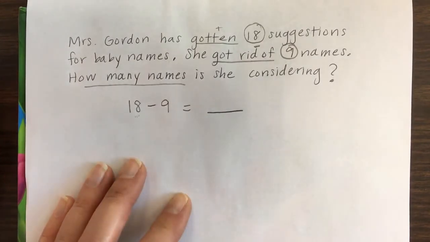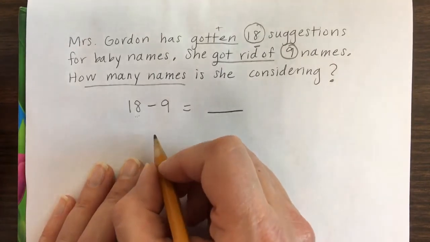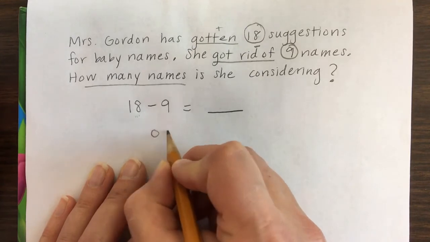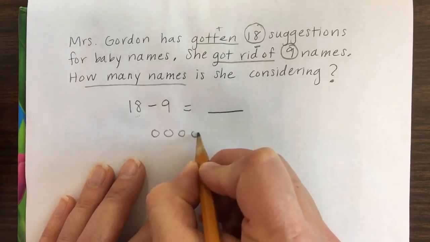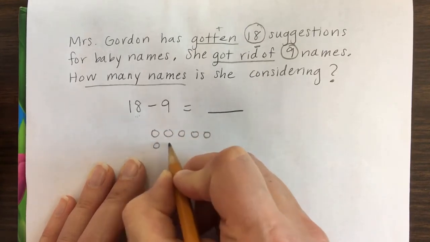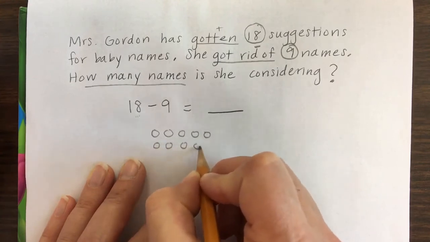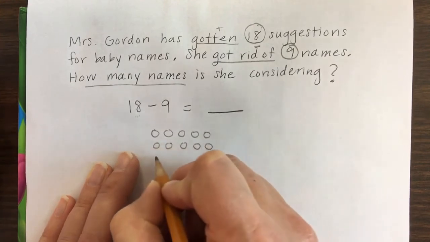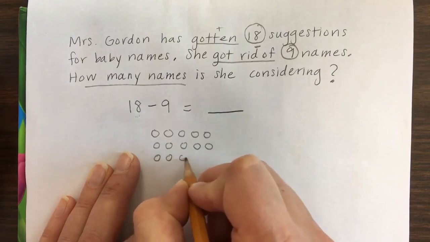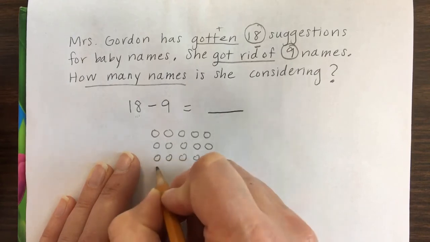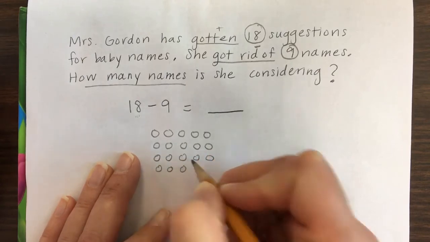So remember, we have to count twice so that we know that we have 18. I'm going to put them in groups of 5. 1, 2, 3, 4, 5, 6, 7, 8, 9, 10, 11, 12, 13, 14, 15, 16, 17, 18.